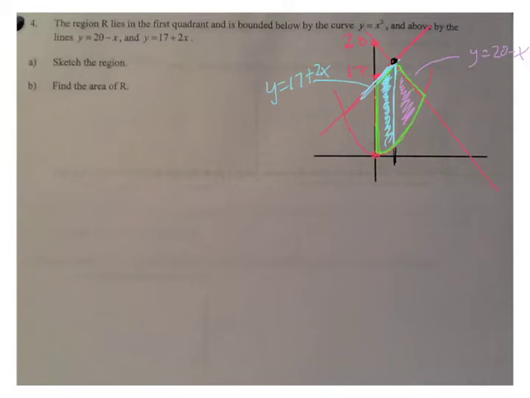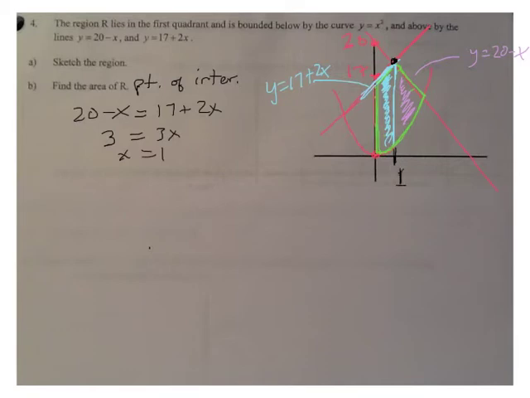Okay, so if I set the two lines equal to one another, that's going to give me a point of intersection. If I subtract the 17, I'm going to have 3. If I add an x to both sides, I have 3x, and therefore x is 1.